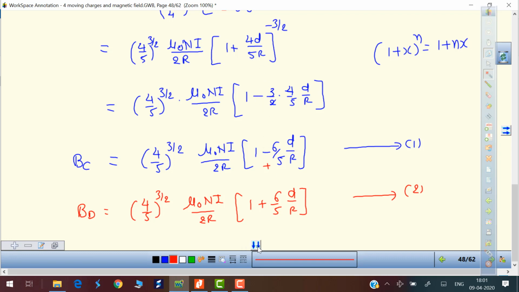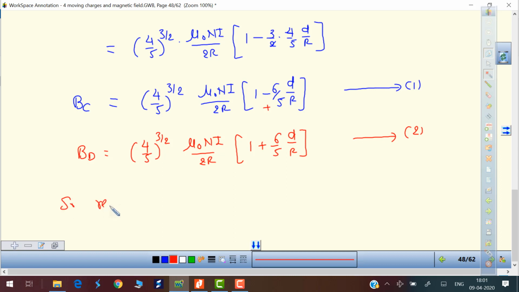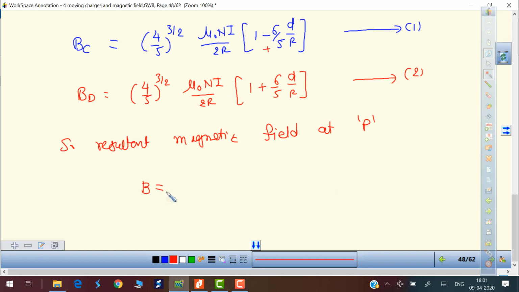So the resultant magnetic field at P, B is equal to BC plus BD. If you add it, again this is common, so I am getting (4/5) raised to 3/2 common, and mu 0 n I by 2R is also common.